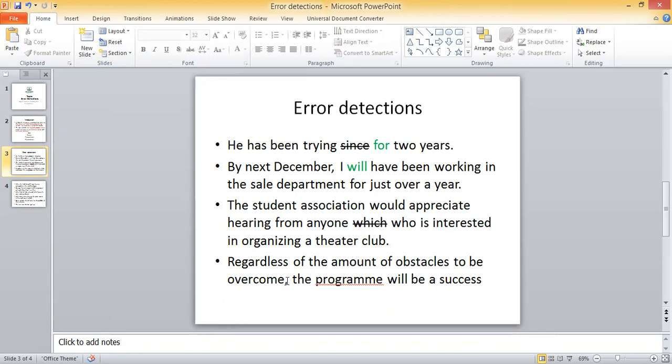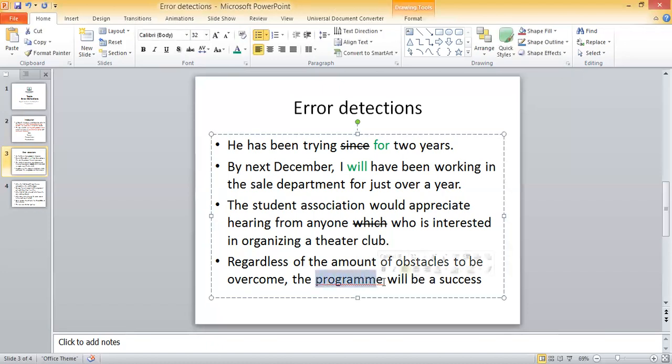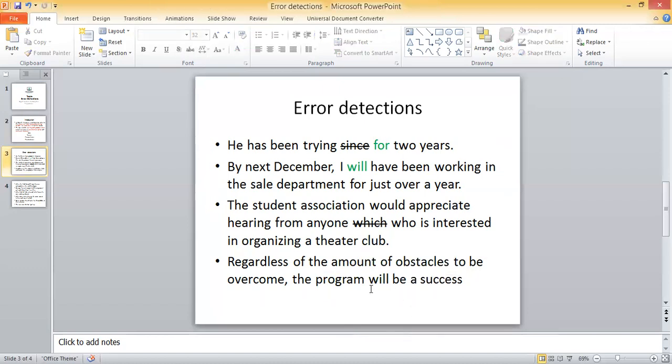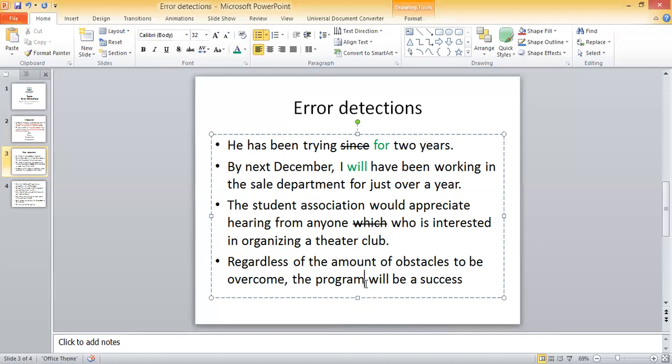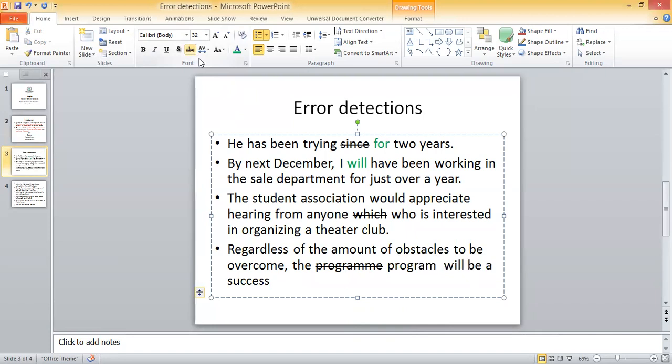Regardless of the amount of obstacle to be overcome, the program will be a success. So this is all correct, but there could be an issue of spelling, all right. So the spelling could be program, right? So this is a good one because even in American English, you write program, but for British English, because we write that English in Pakistan probably, और हर मतलब उसमें तो that will be programme and programme will be a success.